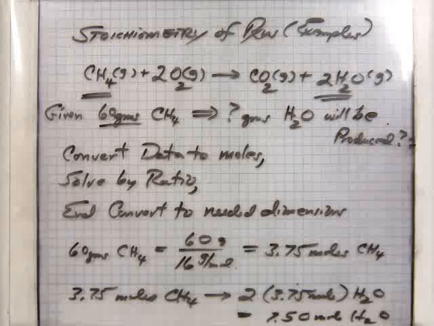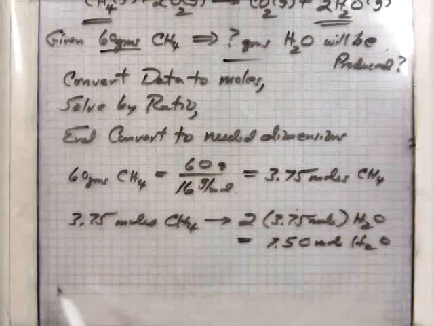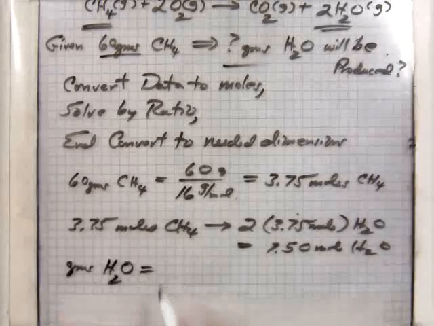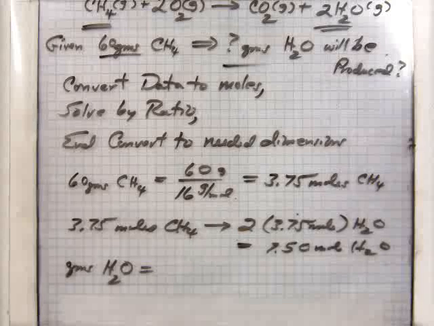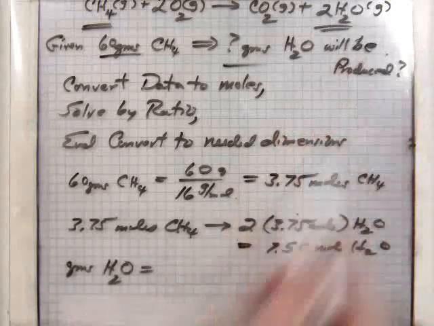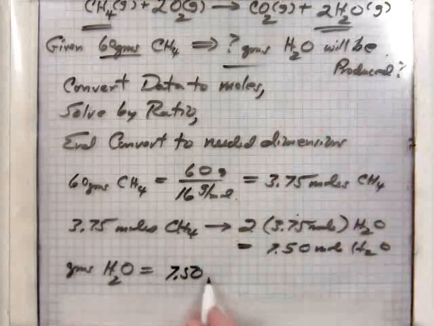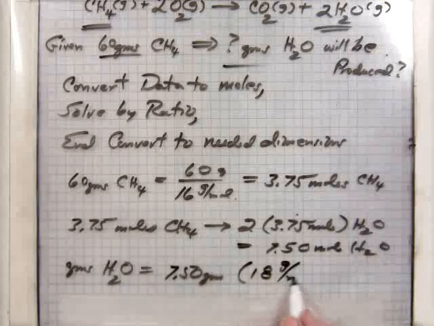So convert to moles, solve by ratio, and then convert to something that it might want. Now it asks for how many grams of water. So to convert back from moles, you multiply times formula weight. So water has 16 plus 2 is 18 grams per mole. So 7.5 moles times 18 grams per mole.